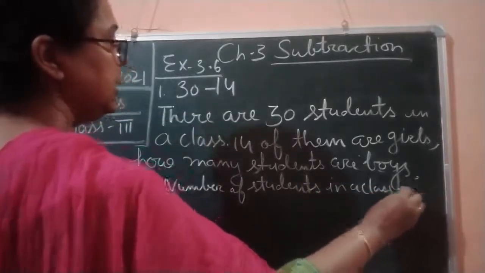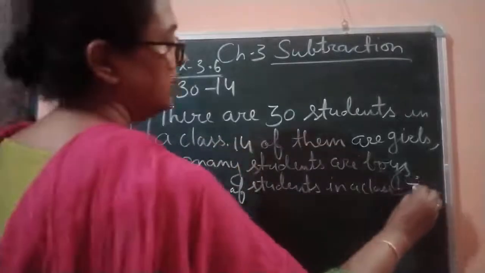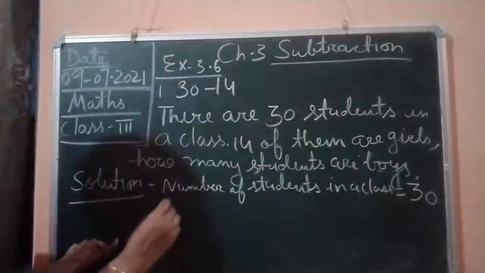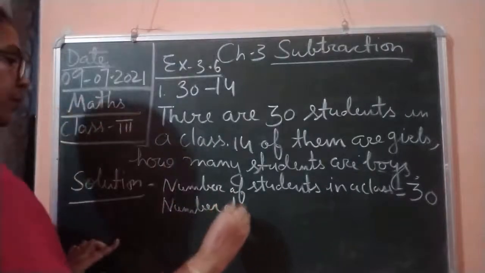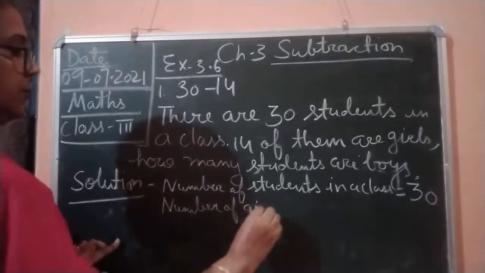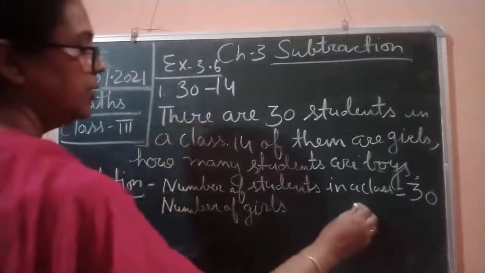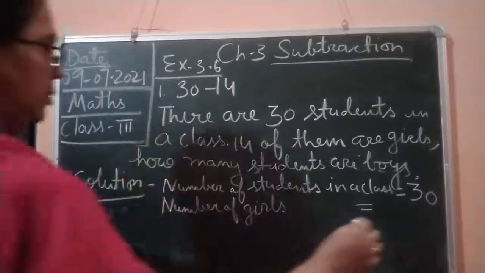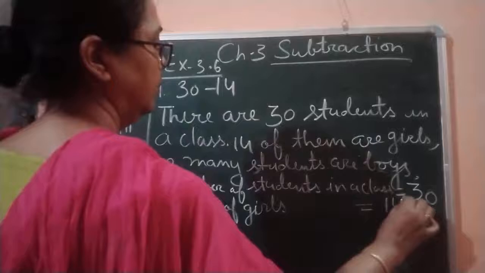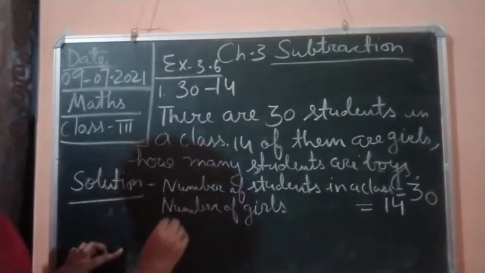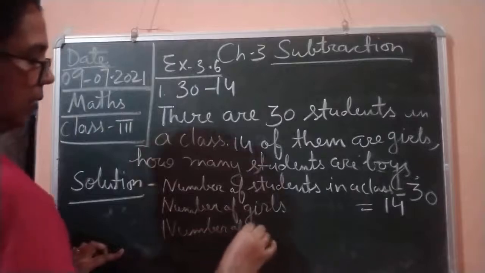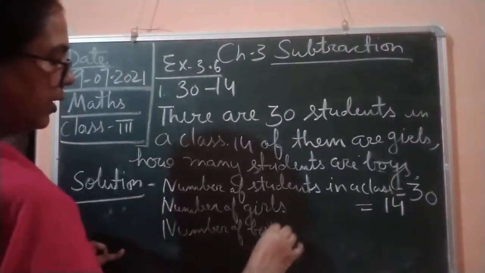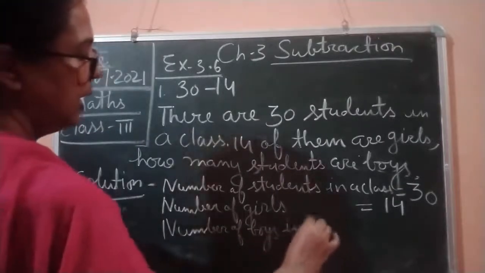You can see there are 30. Now number of girls equal to 14. Okay. So number of boys in the class.